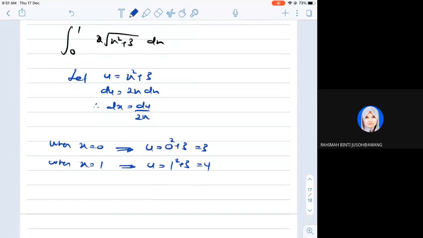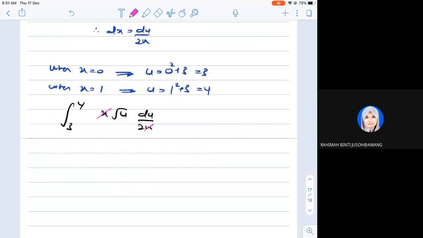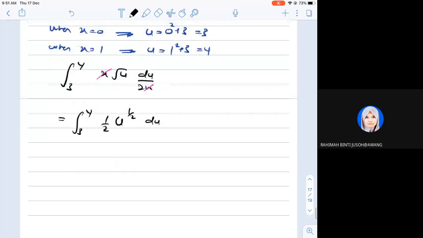So substitute the limits from 3 to 4, and then the square root of u, dx is du over 2x. So this cancels and cancels. And then we will have 3 until 4, 1 over 2, u to the power of half du.